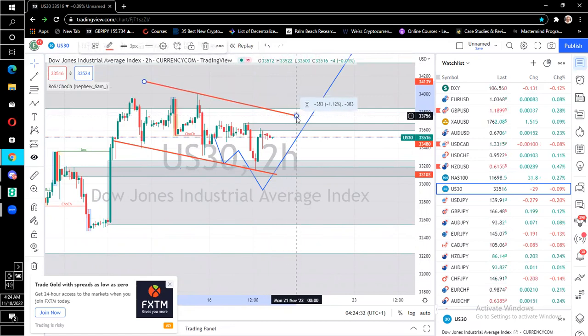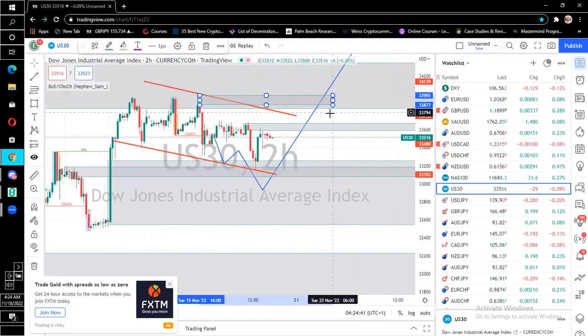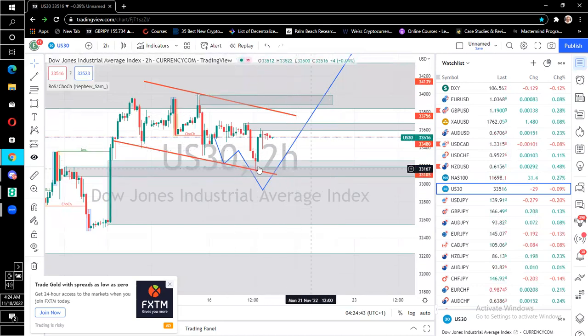Good. Now, what we need to also know is there is another block here. Tap into this level, got into this place, need to pull back below this level, but there was a gap here.